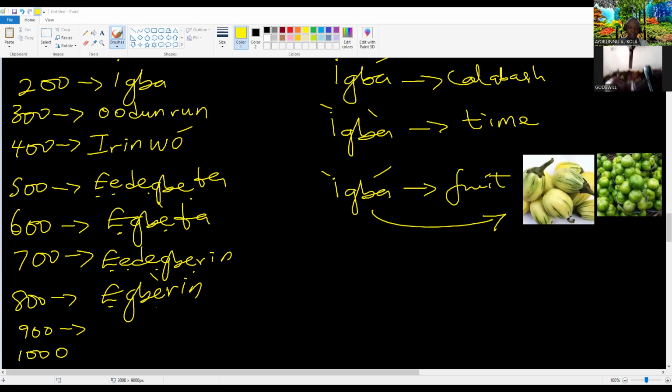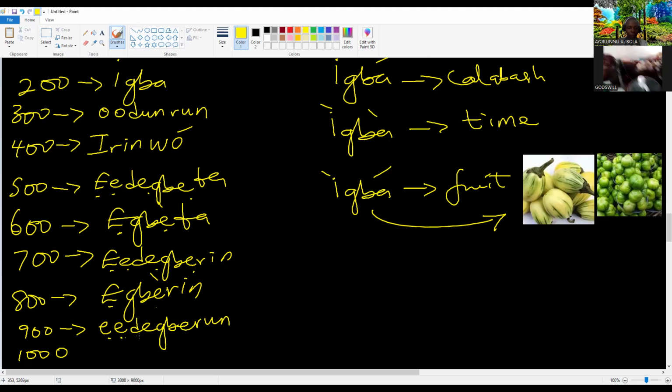One, ọ̀kan. Two, èjì. Three, ẹ̀ta. Four. Five, márùn. Very good.